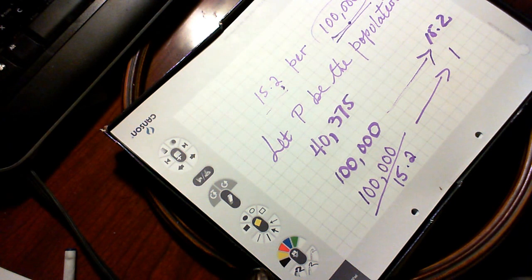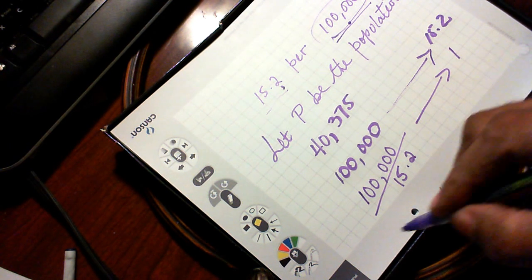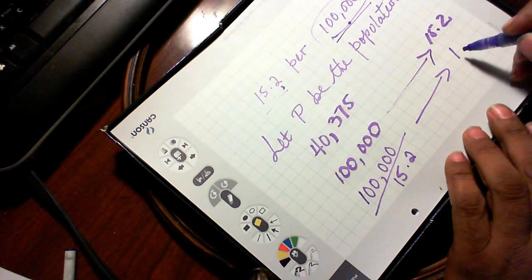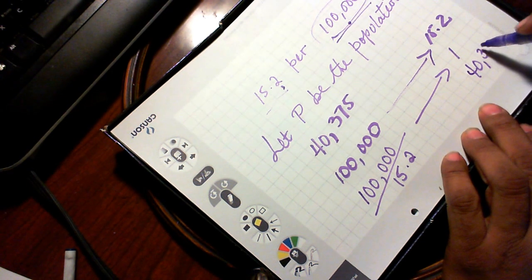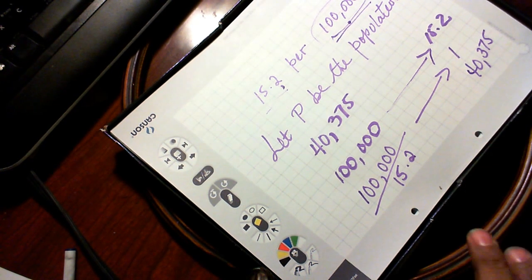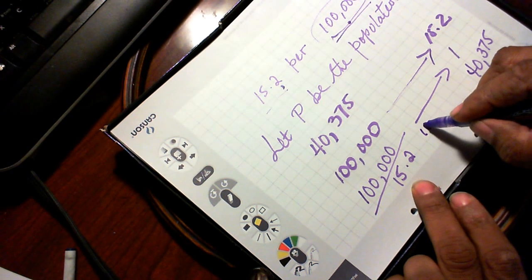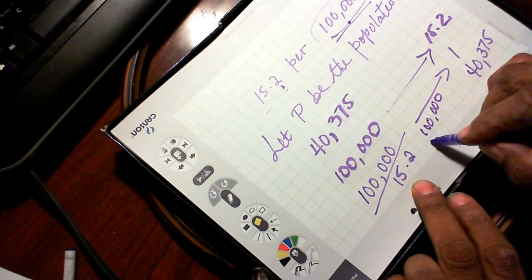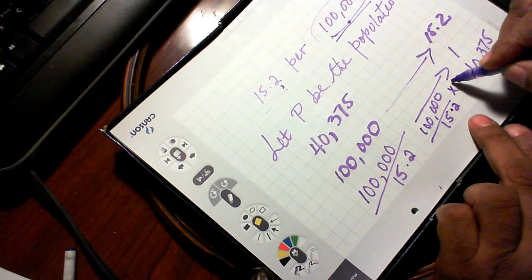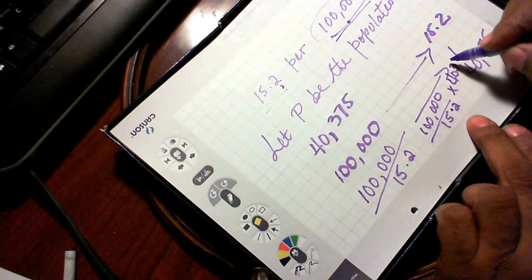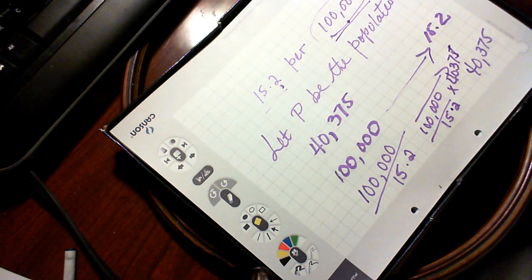When we divide this out, I'll do that in a second. So now we're going to have 40,375. We just multiply this by 100,000 divided by 15.2 times 40,375. A little bit of a multiplication here to get this done, but I think you can do the rest.